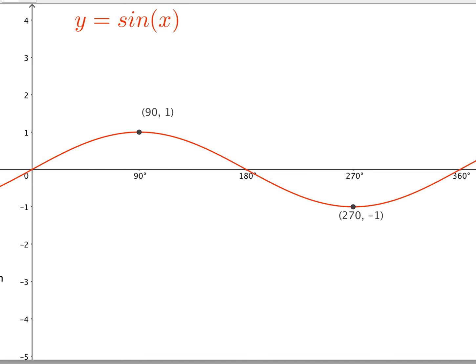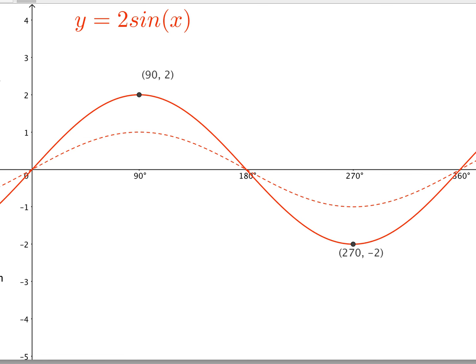So for example, if we have the graph of y equals 2 sine x, which means sine x multiplied by 2, we have just doubled the output because we're doubling all of sine x, and sine x is the output. So when we double the output, the point that was 90 degrees, 1 becomes 90 degrees, 2 because the y coordinate gets doubled, the output of the function.